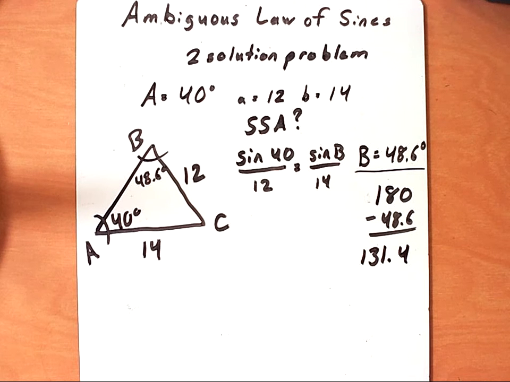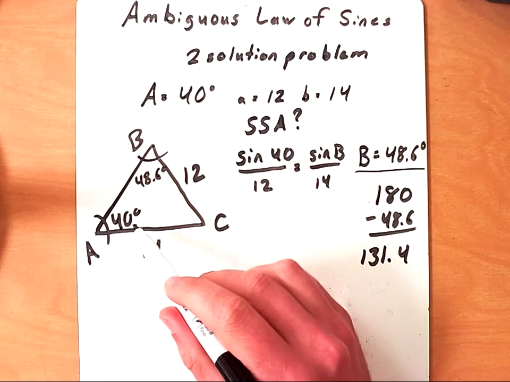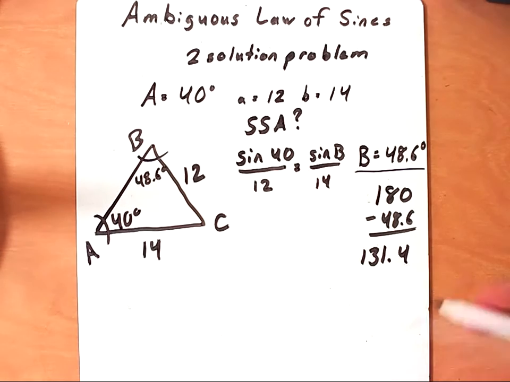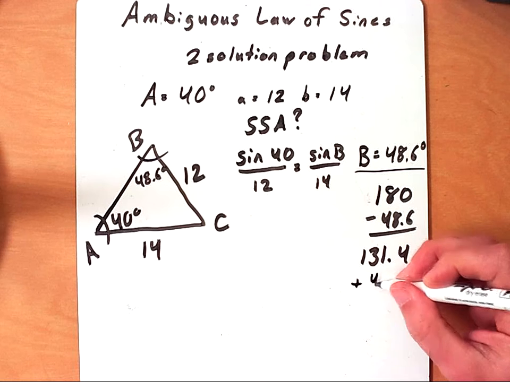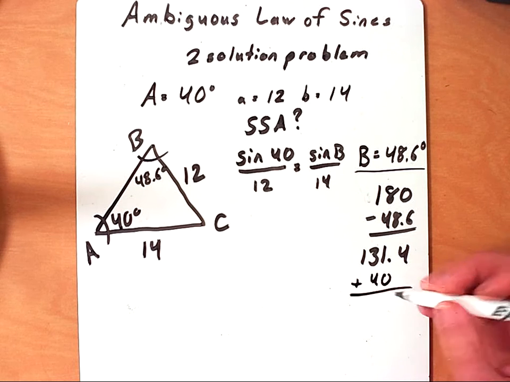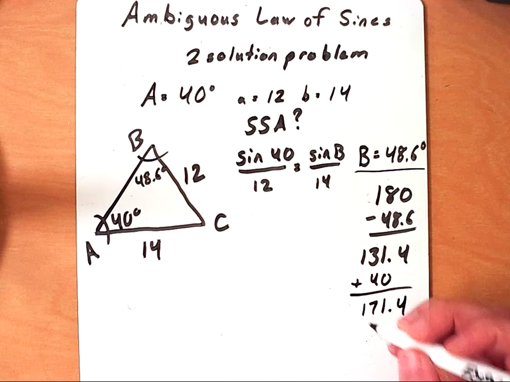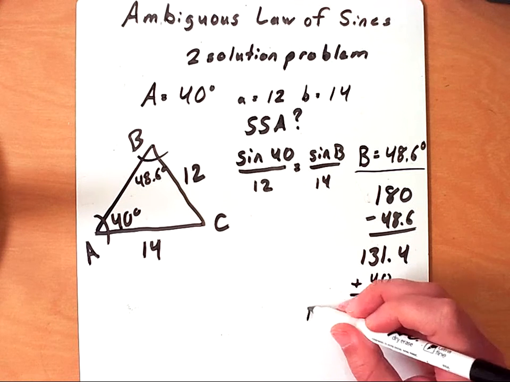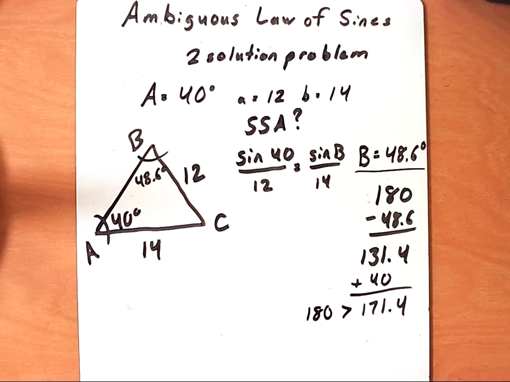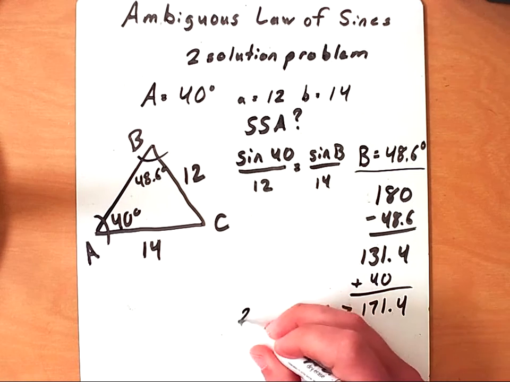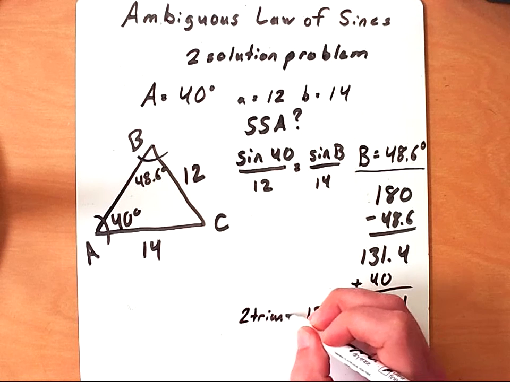All right, so the way to determine if there is a second triangle is we take this number and we add our original angle that we were given, 40, back to it. So if we add 40, we're going to wind up with 171.4.